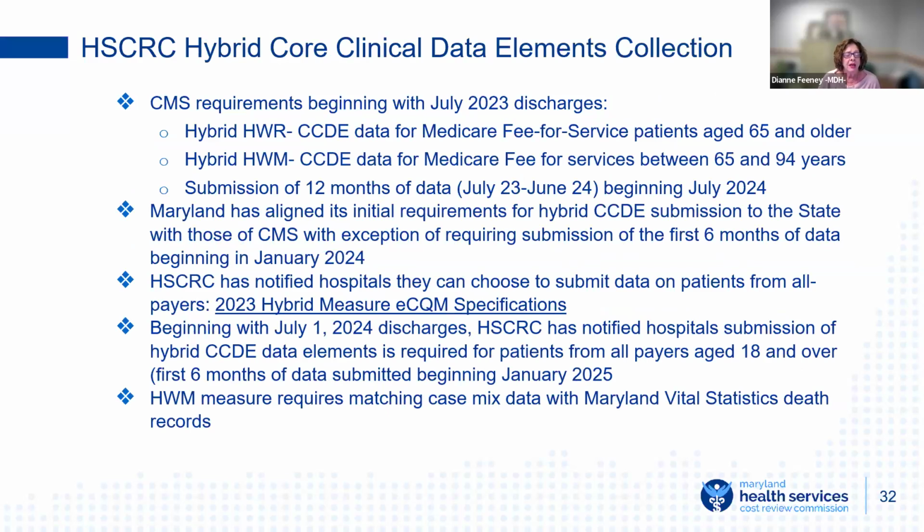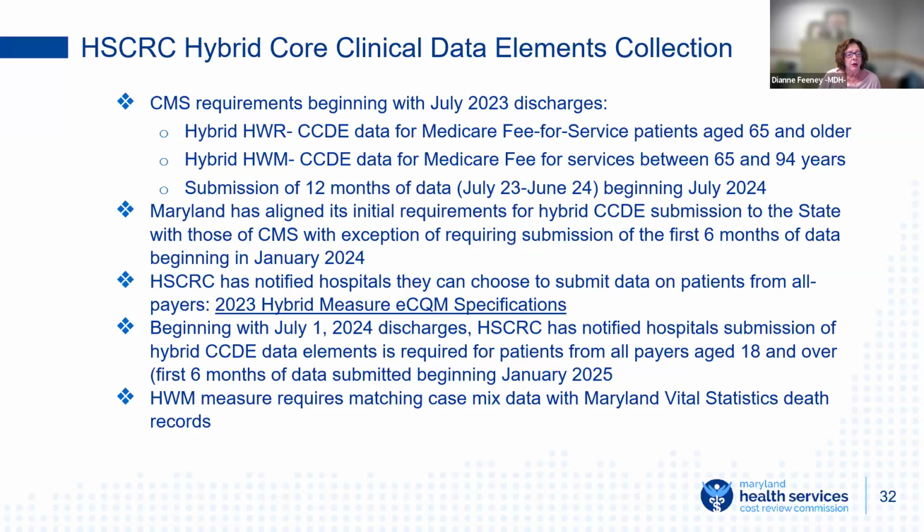And CMS is requiring the July to June period, beginning in July of 24, on that data. Maryland is aligned initially with CMS, but the only caveat is that we're asking hospitals to submit their first 6 months of data, July 1 to December of 23, beginning now during the submission window that Peggy mentioned earlier.